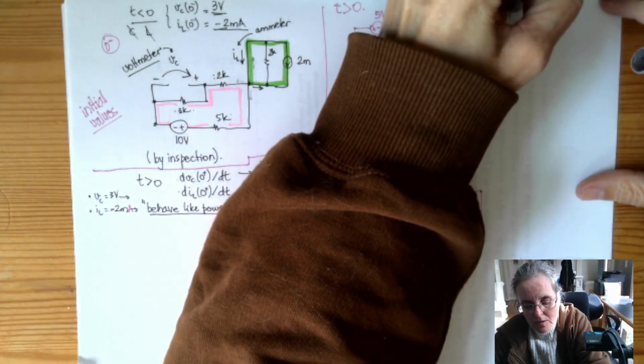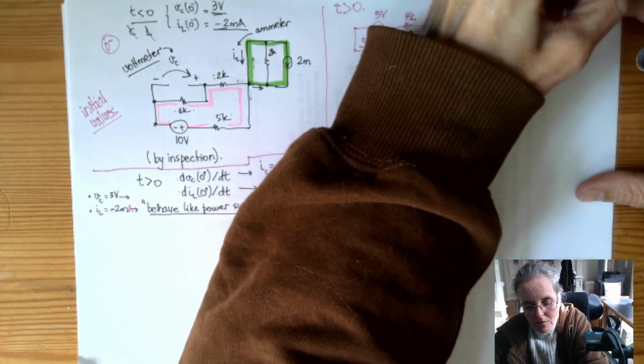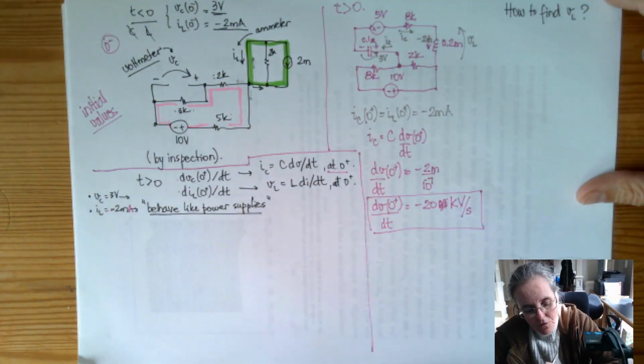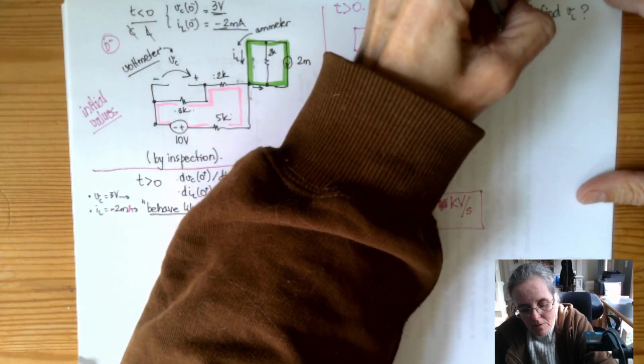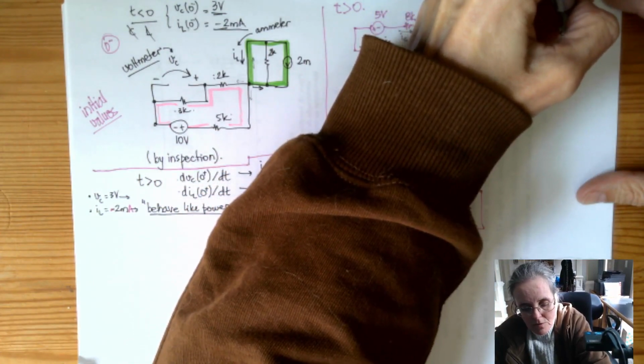First let me say how to find VL. For example, KVL on the top mesh, or even on a loop.